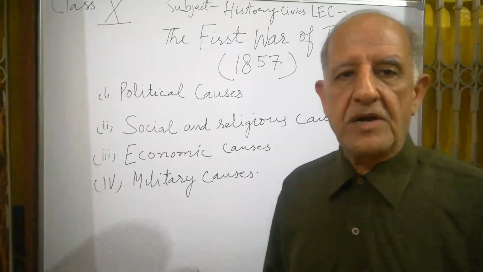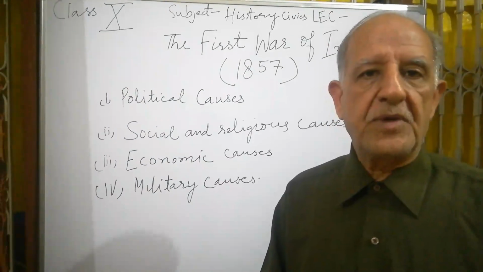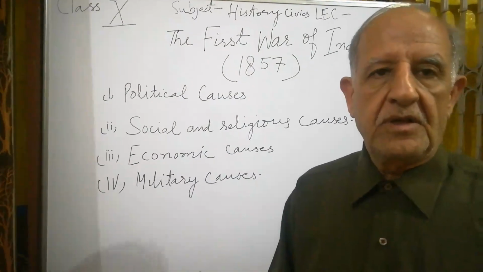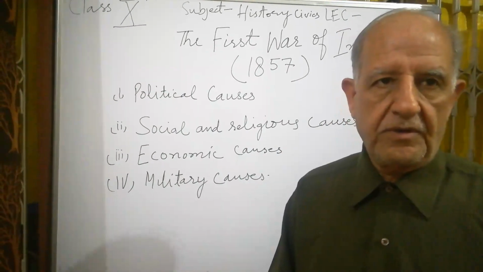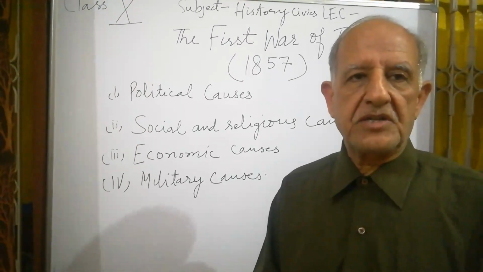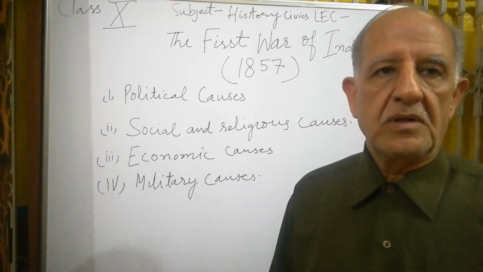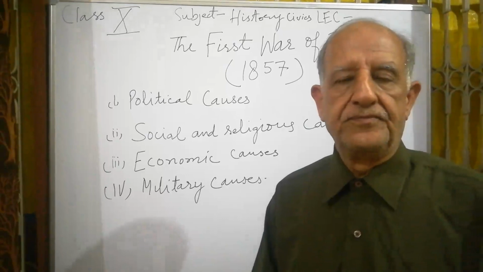In the railway compartment, people of different castes began to sit together. This was not liked by the people in India, because the caste system was very much prevalent there at that time. So that was another important reason.